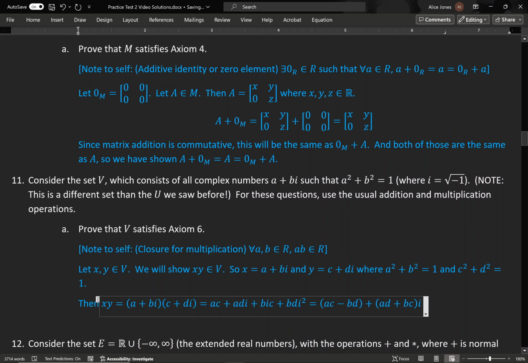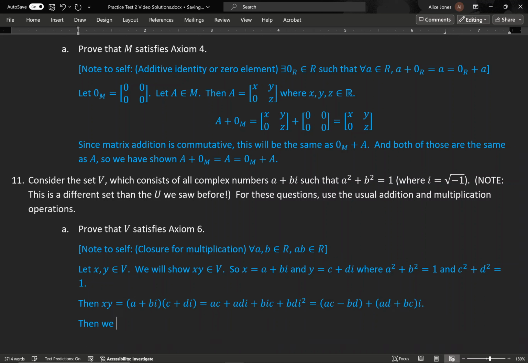That's times i. When you're submitting those into the testing equation up here to see if xy has membership in V, the things that you're squaring are this real part here and this imaginary coefficient here.